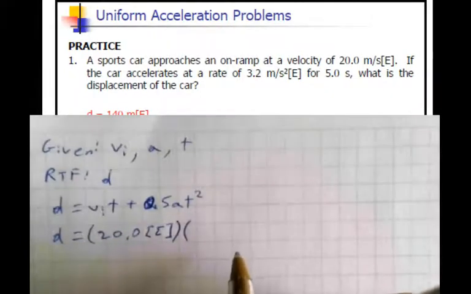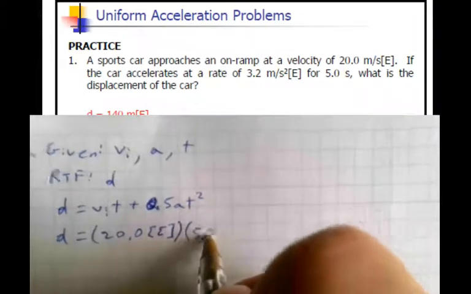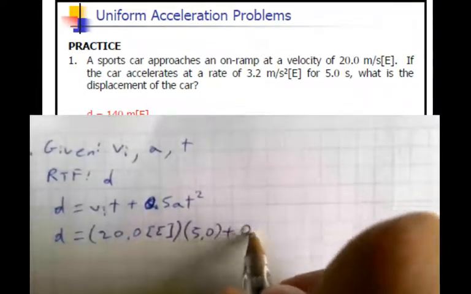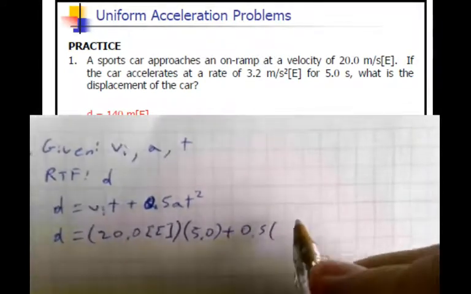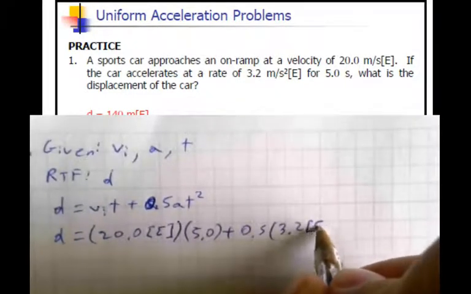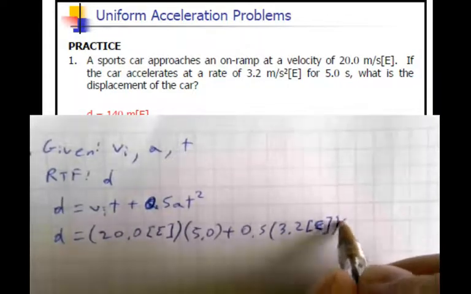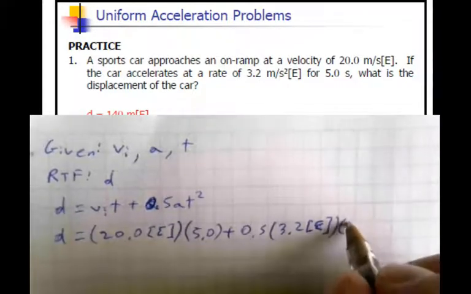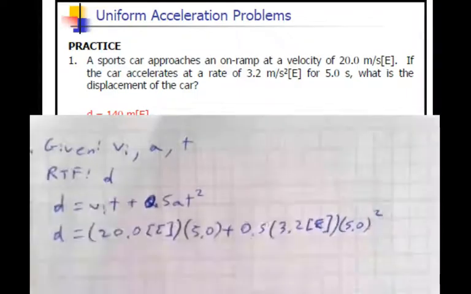T is 5.0, plus 0.5 times A, which is 3.2 east. And my T squared is going to be 5.0 squared.